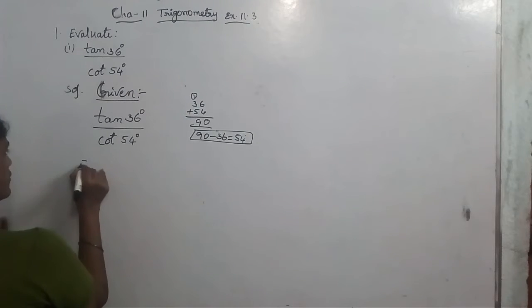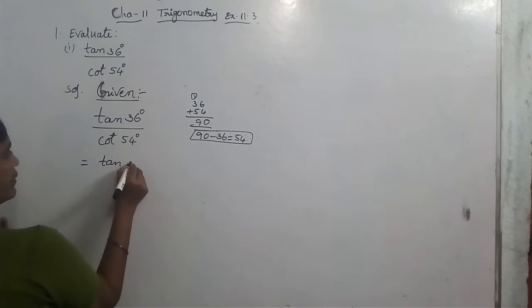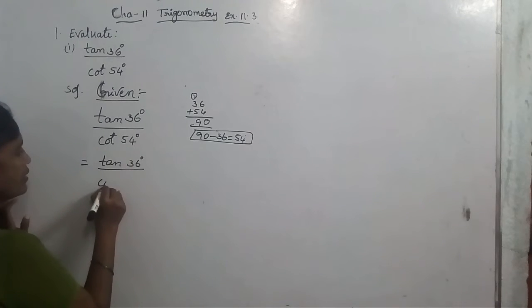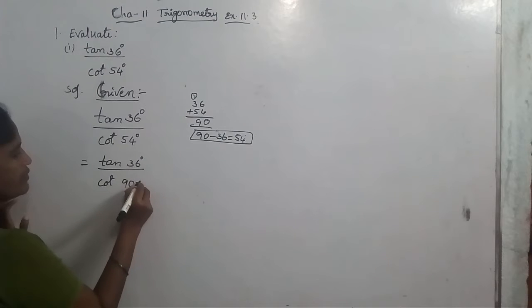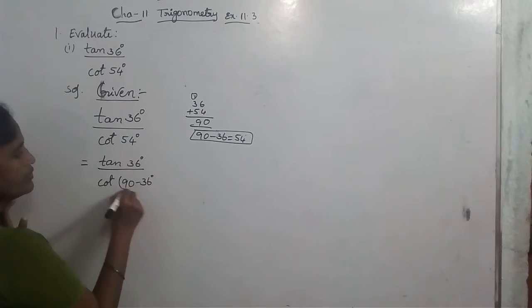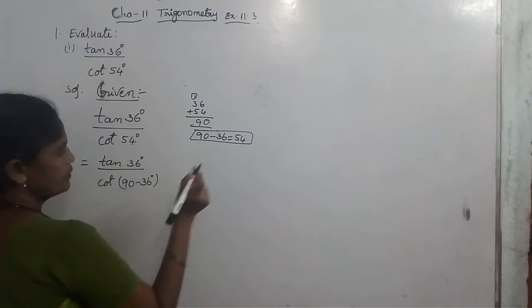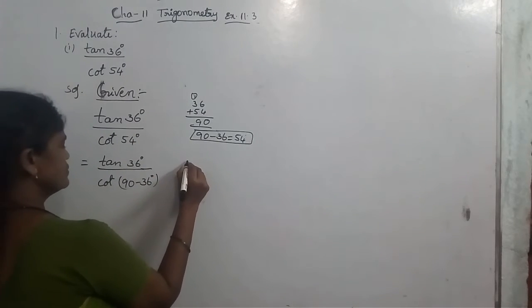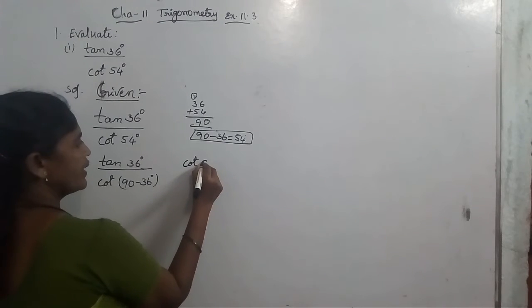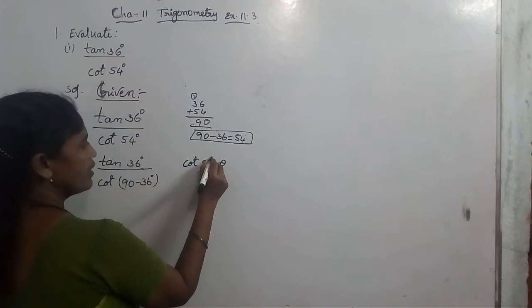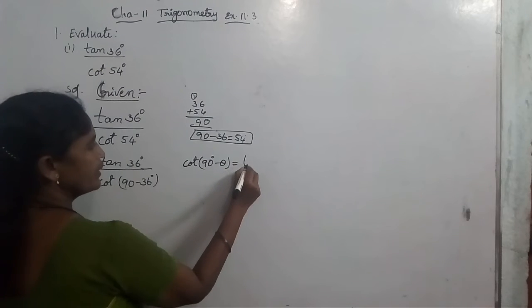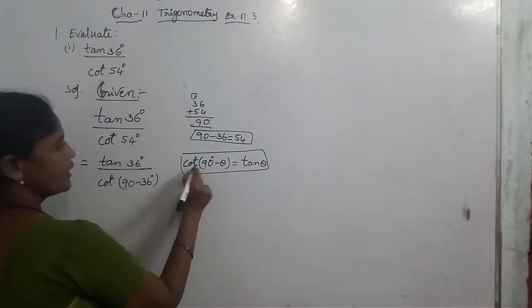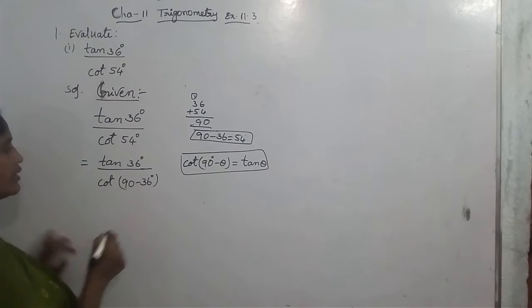We can write that as tan 36 degrees, don't disturb, by cot of 90 minus 36, since 90 minus 36 is equal to 54. Cot 90 minus theta is equal to tan theta. This is the complementary angle formula.